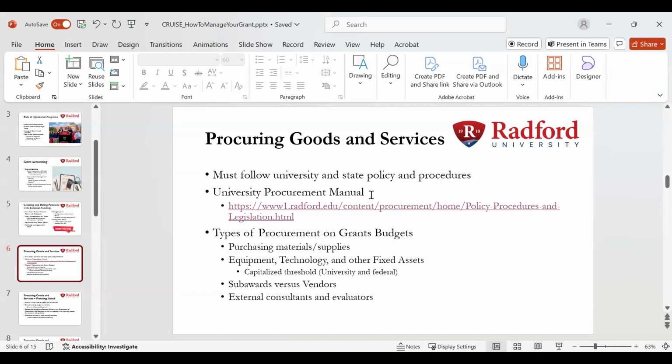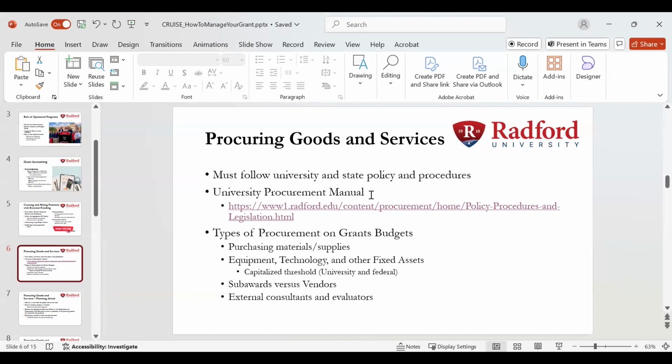So anything that you buy on a grant that's over $2,000, if we're talking about equipment, is going to be capitalized and recorded in the fixed asset system. Most grants, though, when you purchase equipment on grants, the title is vested to the institution.